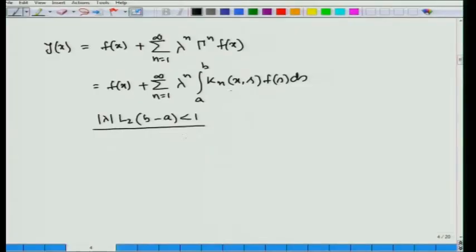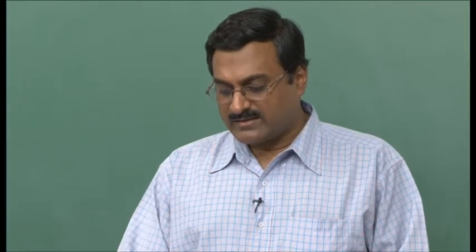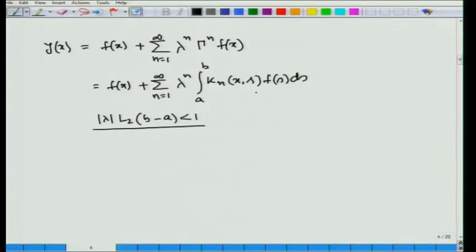Therefore, we can interchange this summation and integral sign, because in the last lecture we have already proved the uniform convergence of this infinite series. So this is equal to f(x) plus the integral a to b of the sum over n from 1 to infinity of lambda to the power n kn(x,s), this entire expression multiplied with f(s) ds.